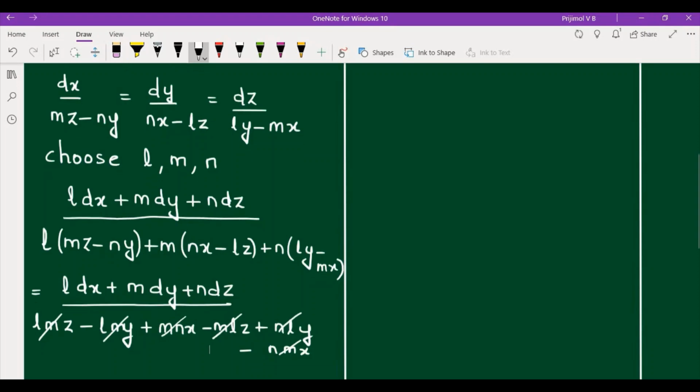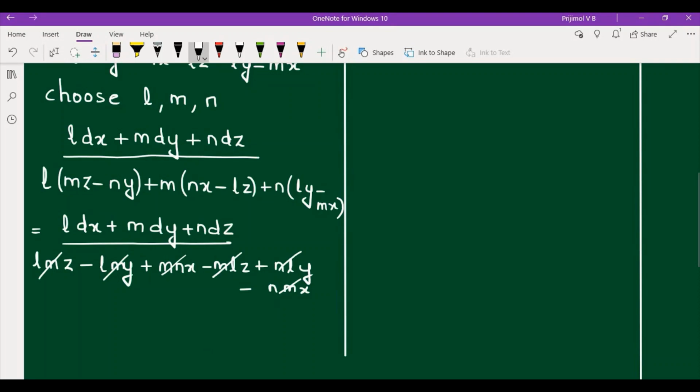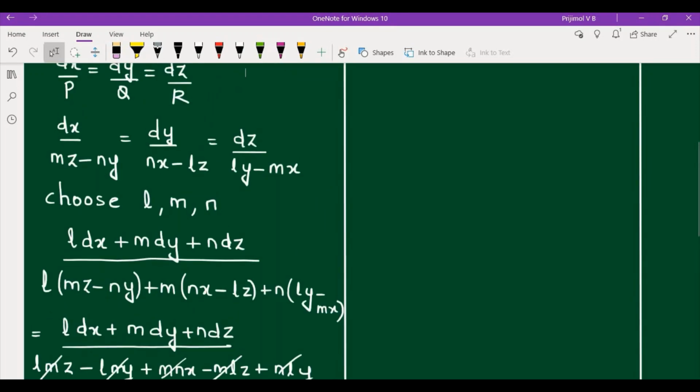Now the denominator turns out to become 0. So when the denominator is 0, you know that each ratio in the auxiliary equation is equal to L dx plus M dy plus N dz the whole divided by 0. Now select any ratio, any one ratio from the auxiliary equation.